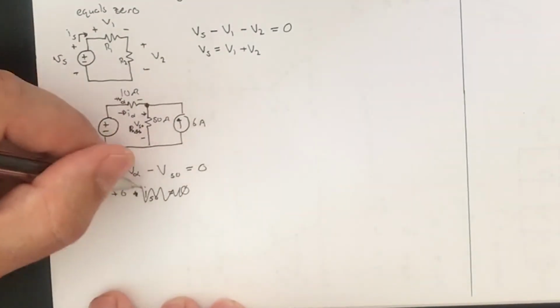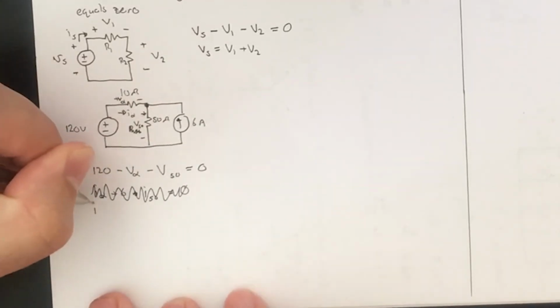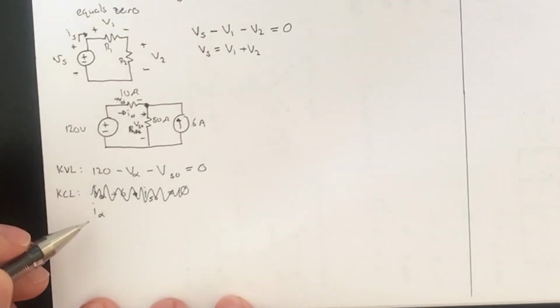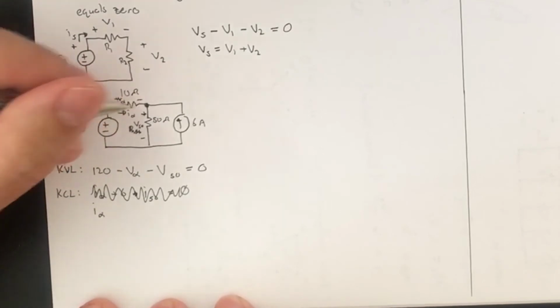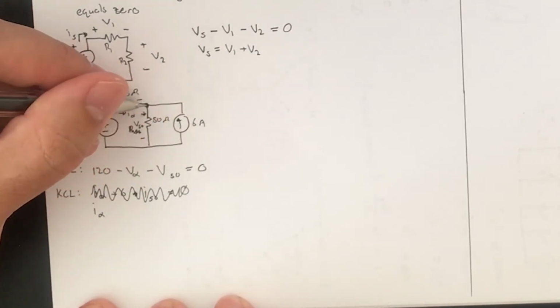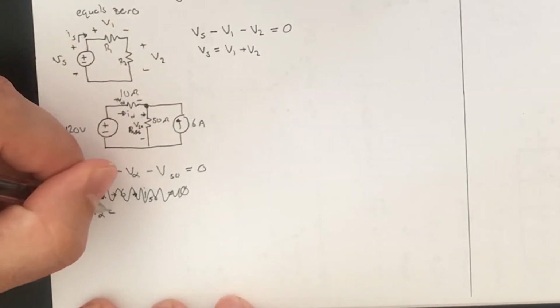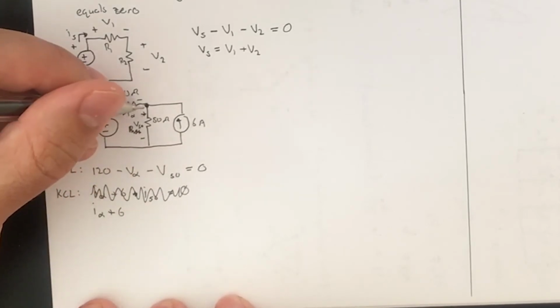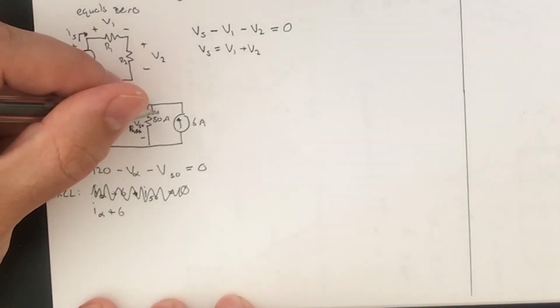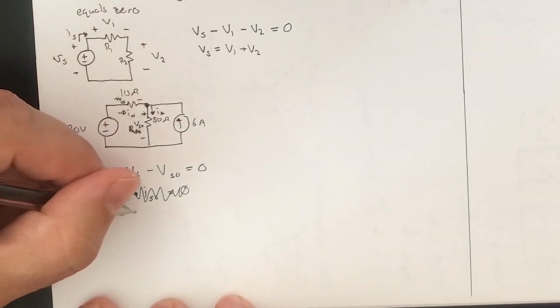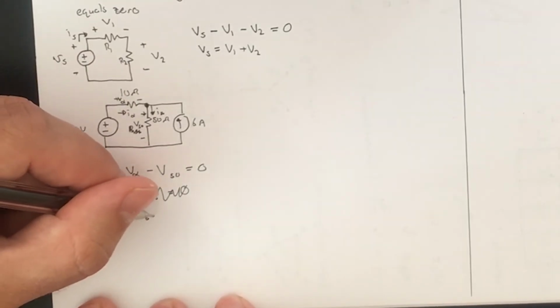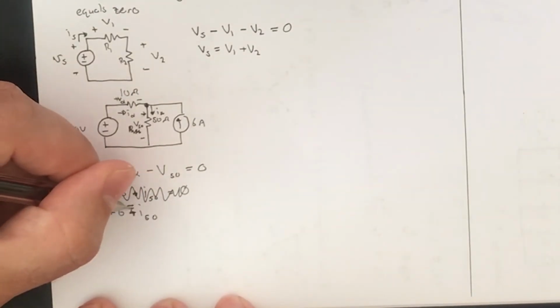Wonderful. Actually, a correction: we define I alpha going into this node, we know that the 6 amp also flows into this node, and then we assume that this current I of 50 is flowing out of the node, so I alpha plus 6 is equal to I of 50.